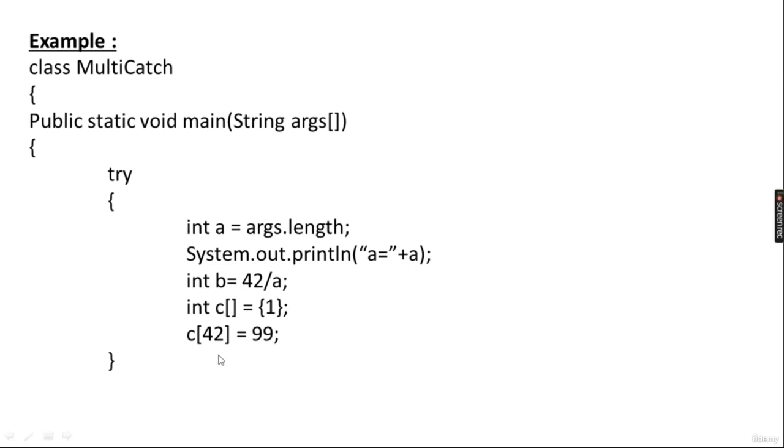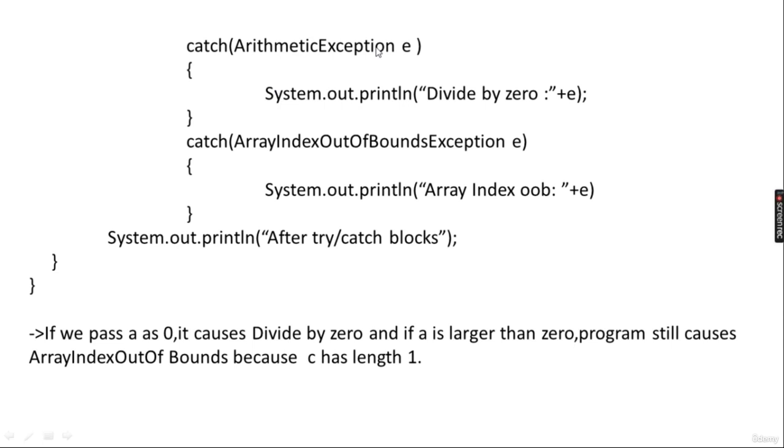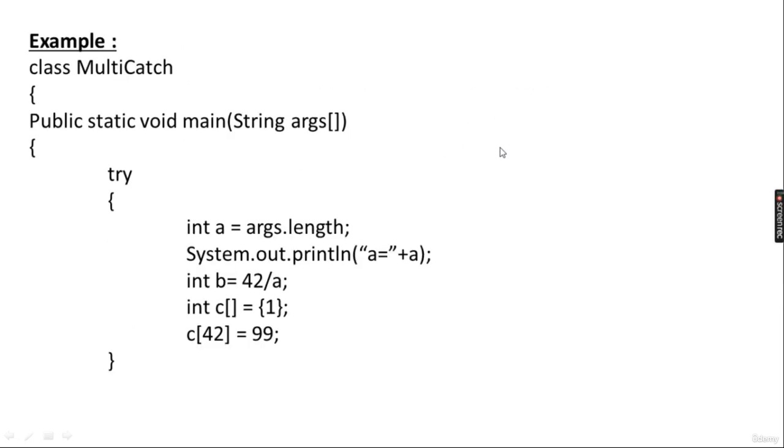Whatever is written inside the try block will be monitored and caught by the catch block. Then catch ArithmeticException e for divide by 0 and ArrayIndexOutOfBoundsException. These two types of exceptions can occur. So I am writing two types of exceptions here, divide by 0 and array index out of bounds.